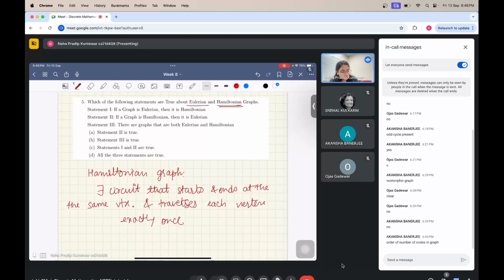So the only difference between the definition of the Eulerian graph and the Hamiltonian graph is that you are looking at vertices here, and earlier you were looking at edges.